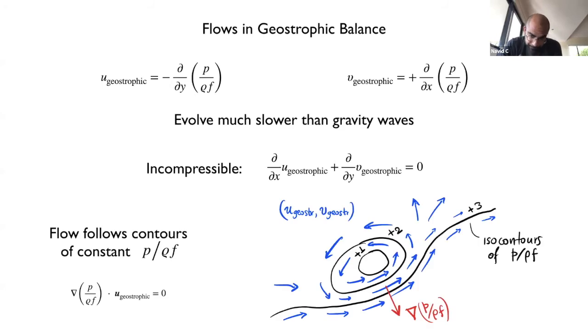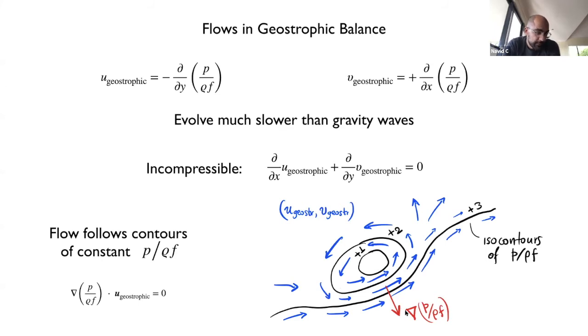But more importantly, they follow the contours of constant pressure, if you think of a fluid with constant density, or the contours of constant P over rho f. So what does that mean? If you plot the isocontours of pressure, or pressure scaled by density and Coriolis parameter, then the flow will always be parallel to these isocontours, or normal to the gradient.